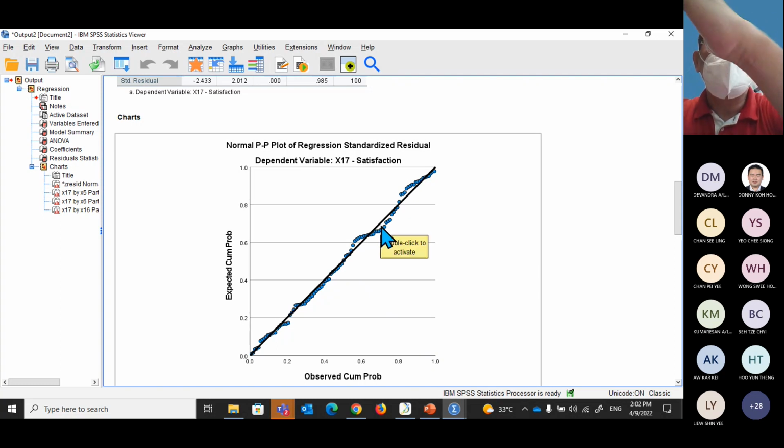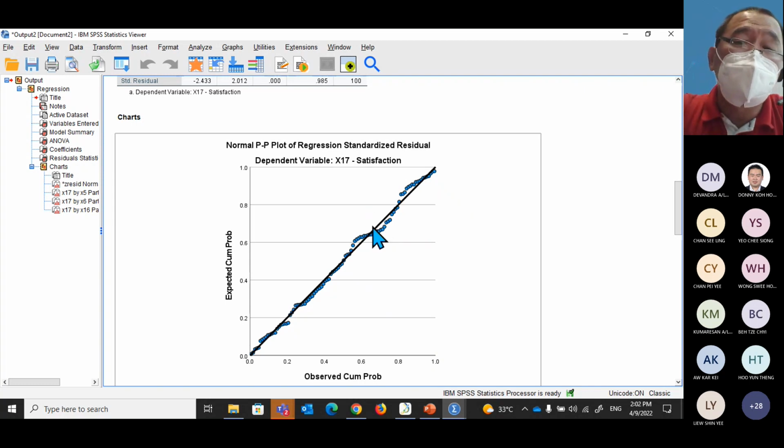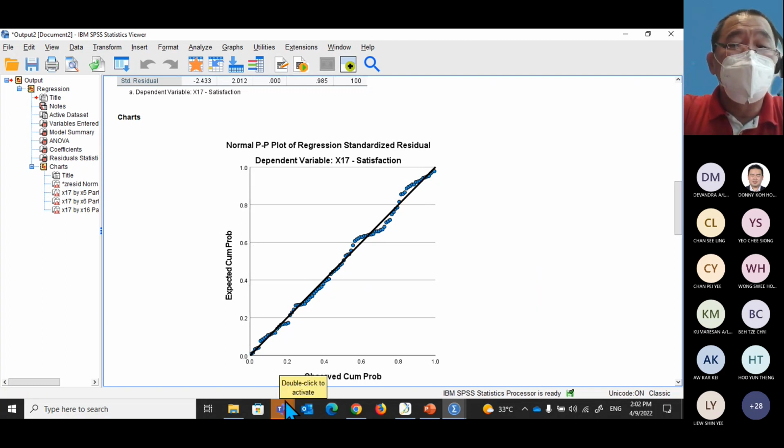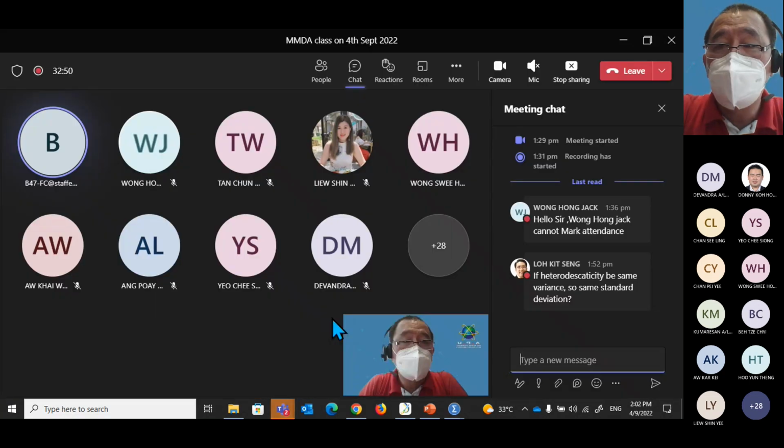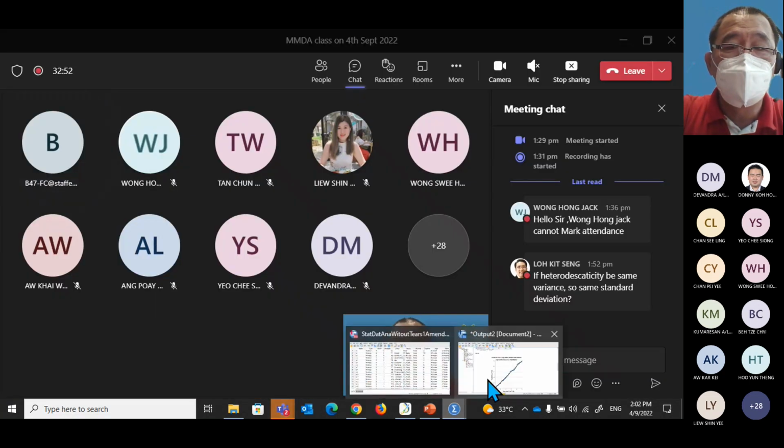If normal, the dots must fall on the line. If they fall on the line, it is considered very, very normal. Now it is roughly still considered normal. That's the test of the assumption. Any question, please?